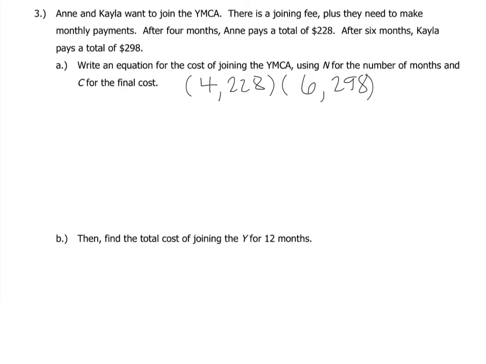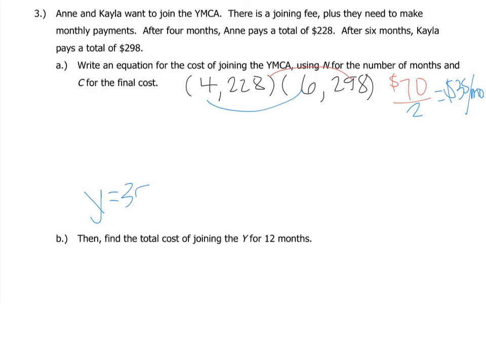So we need to find the change in y over the change in x. From $228 to $298, it was $70. And from 4 to 6, that was 2 months. So this is going to be $35 per month. So that is our rate of change.